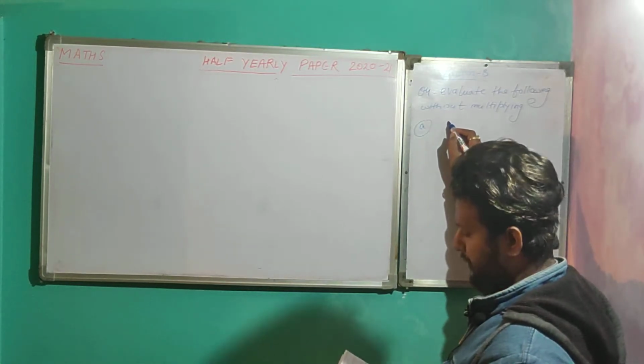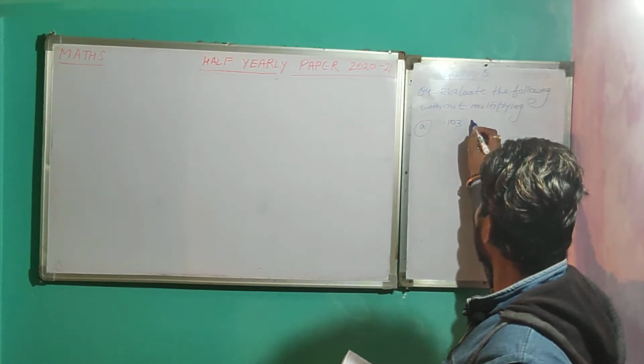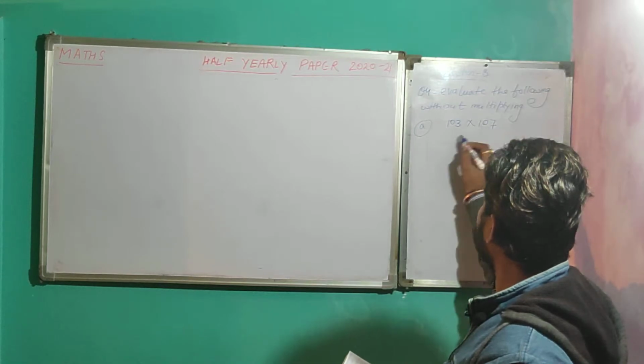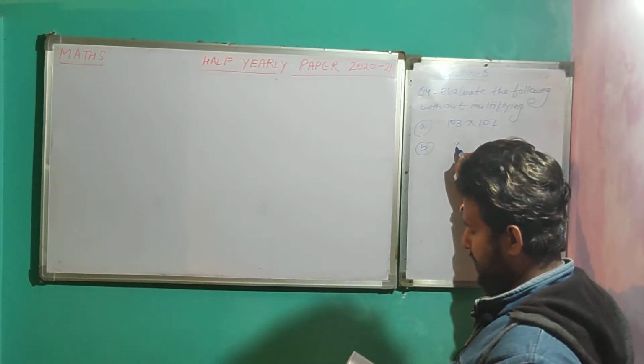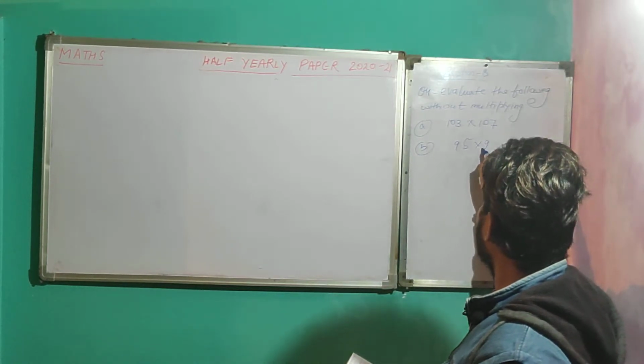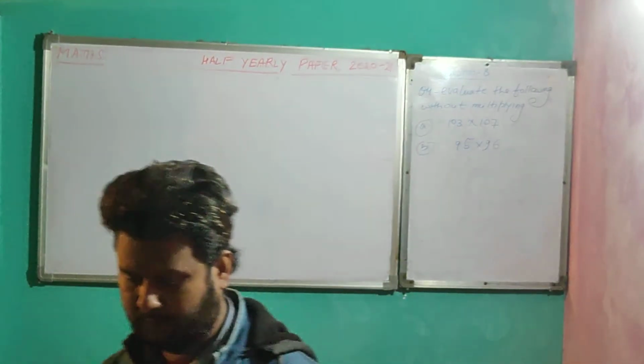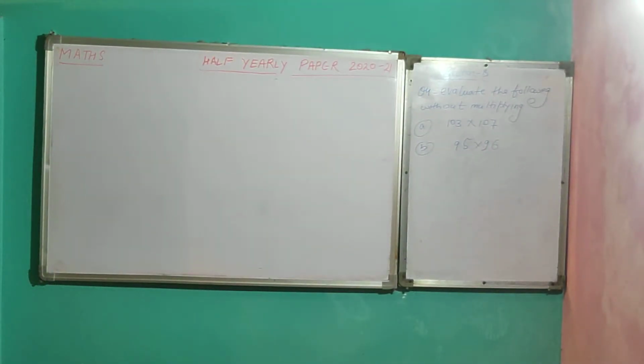A: 103 into 107. B: 95 into 96. Okay, we have to solve this question without actual multiplying.